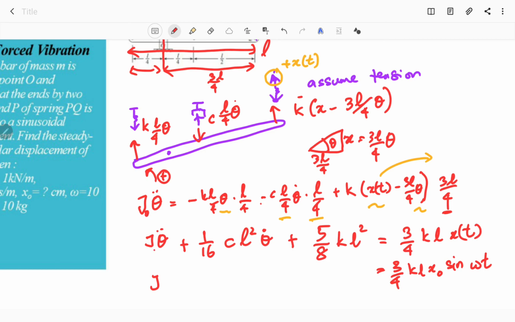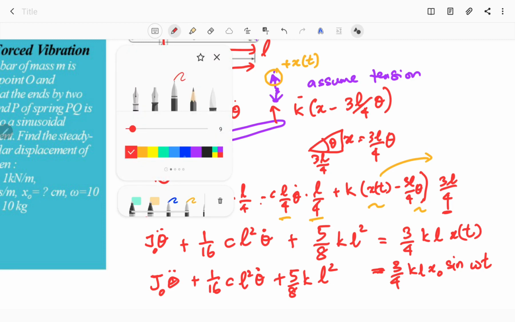So all this is actually J naught, the moment of inertia about the pivot point O. So 1 over 16 CL square theta dot plus 5 over 8 KL square equals to that. Alright, so basically that's the equation.